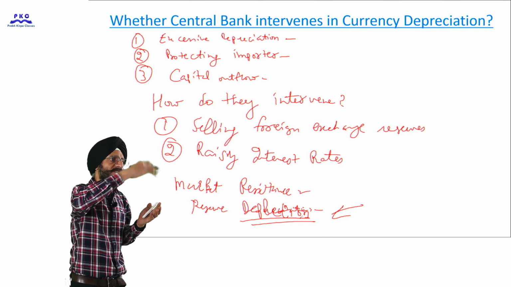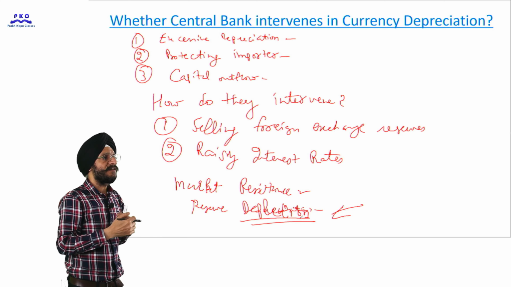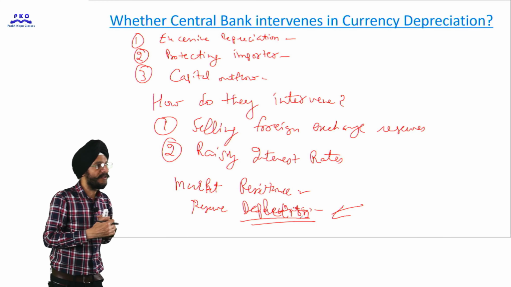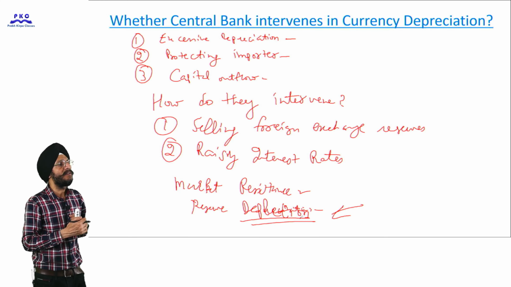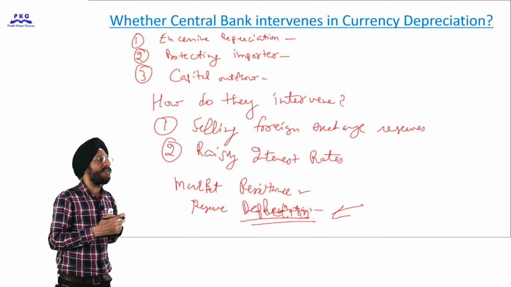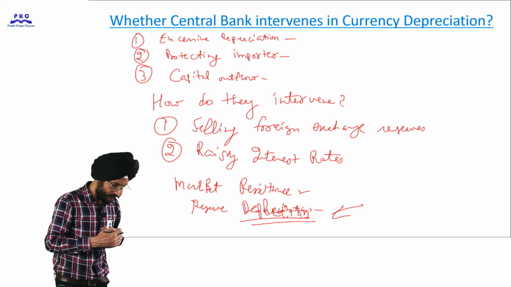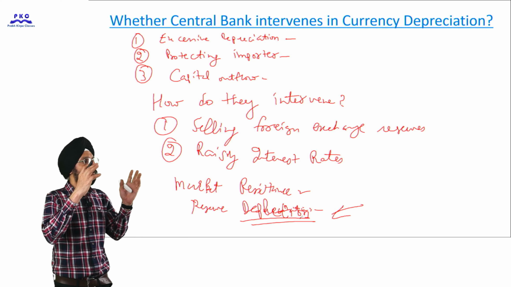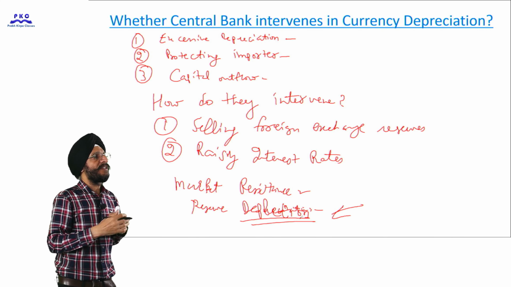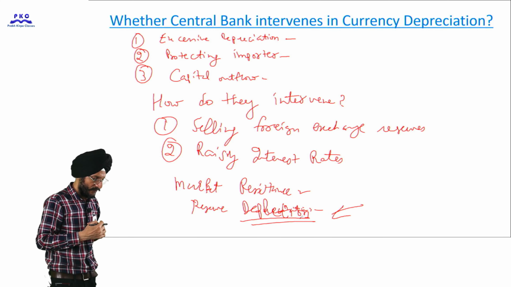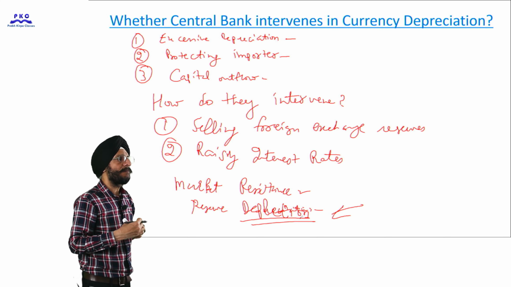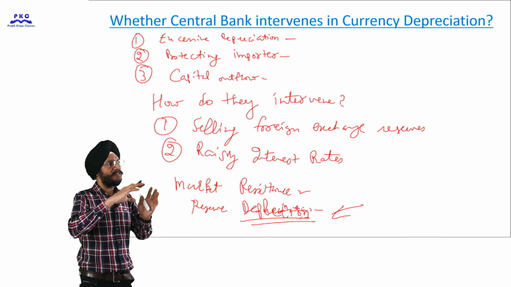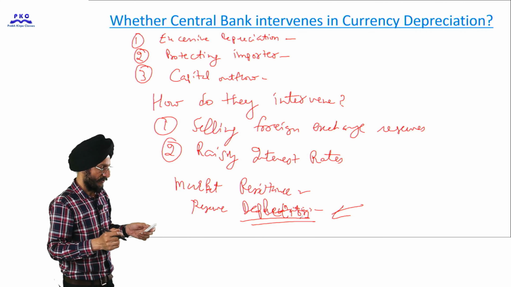So if it starts selling foreign exchange reserves, ultimately it may not have any foreign exchange reserves with it, which will adversely affect its international trade. So this limits the central bank's power to intervene in the currency depreciation. Overall, the central bank may intervene in currency depreciation, but it has its own limitations.